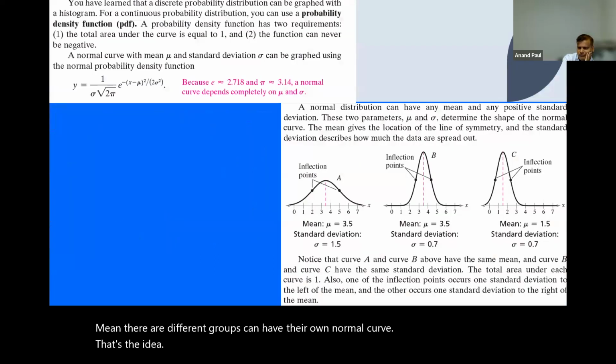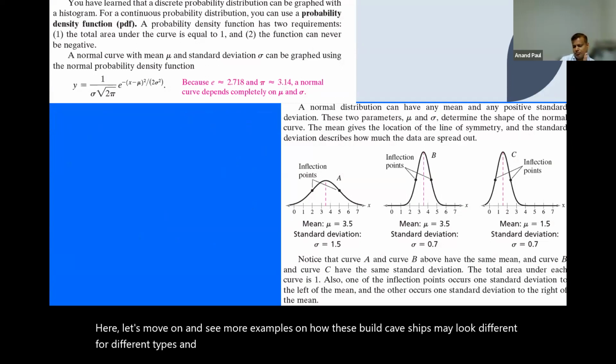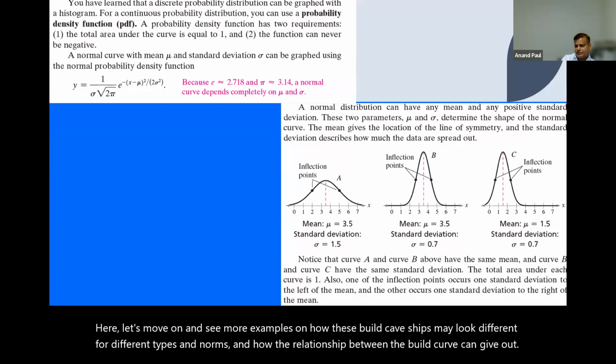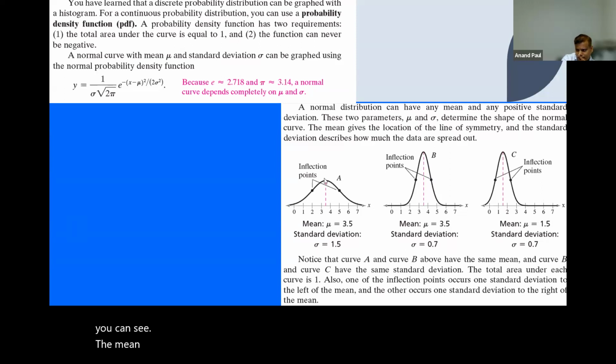Let's move on and see more examples of how these bell curve shapes may look different for different norms, and how the relationship between the bell curve can give out the standard deviation and the mean relationship. So let's start with the first one here. As you can see, the mean is 3.5, which is at this part, and the standard deviation is 1.5.